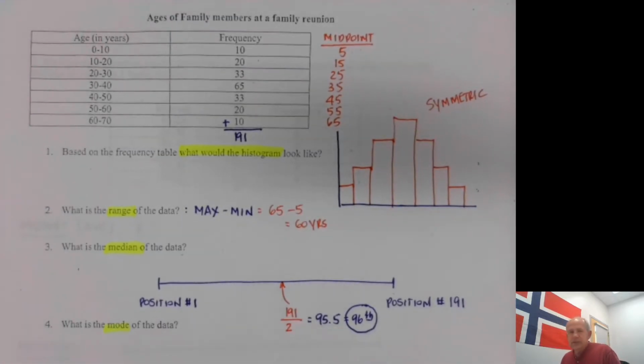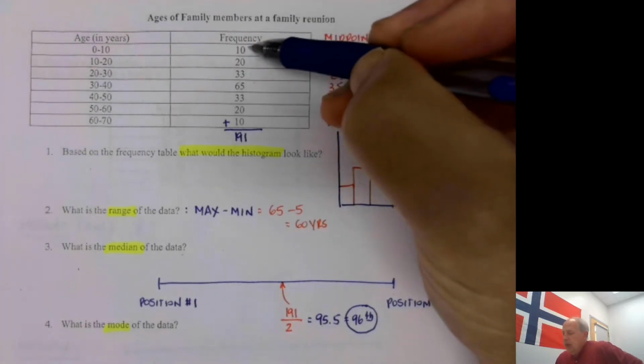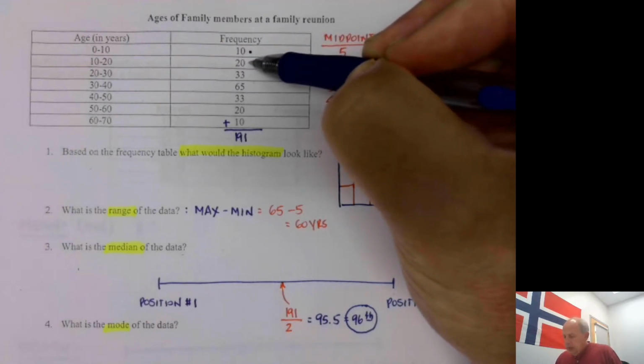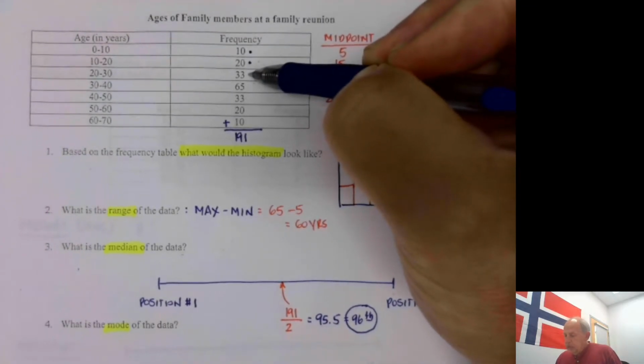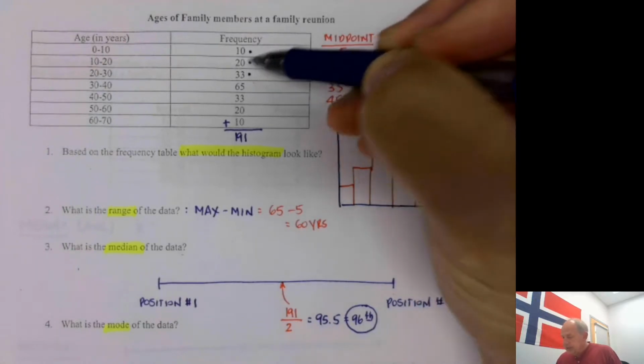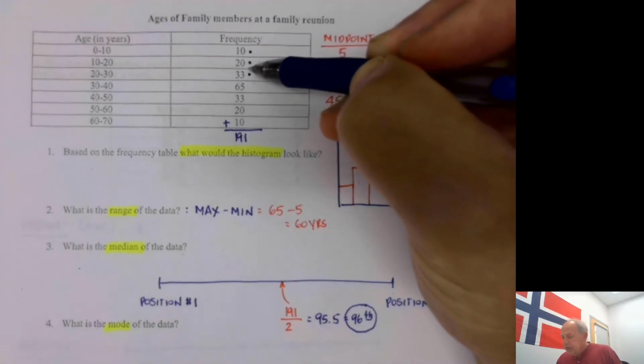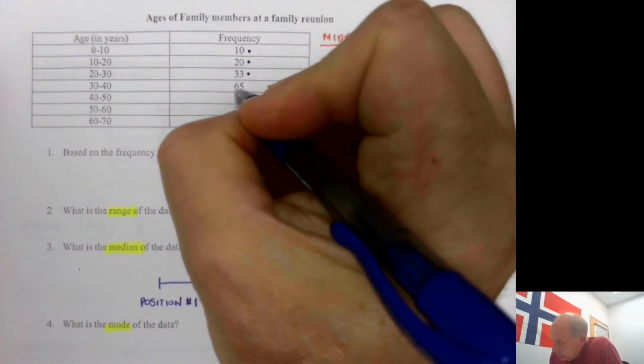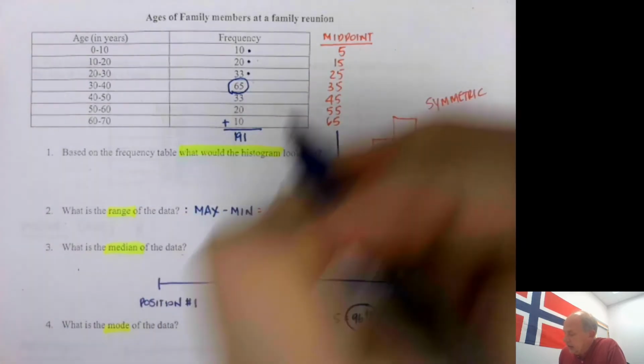That's the person that's exactly in the middle of the line. Here are people 1 through 10. I haven't gotten to person 96 yet. Here are people 11 through 30. Here are people 31 through 64. I still haven't gotten to 96. So I'm going to keep a running tab counting. My 96th person is going to be standing in that interval.